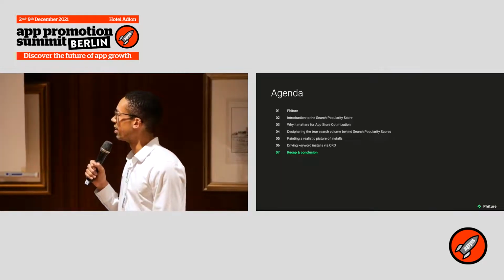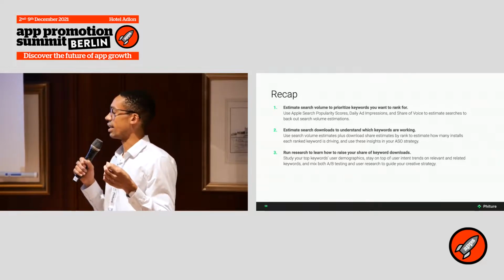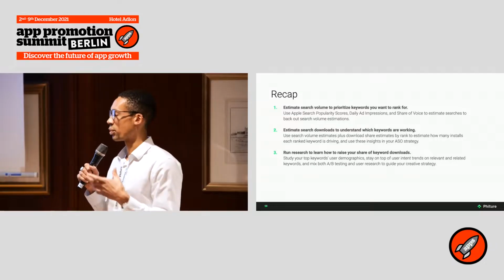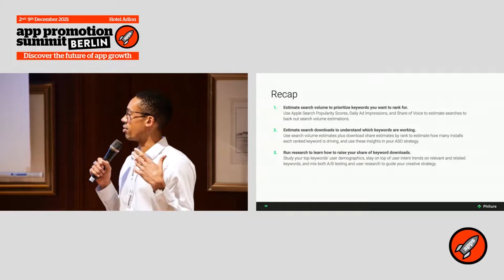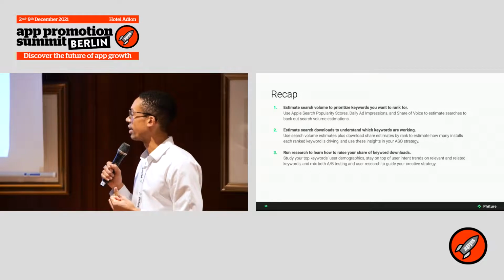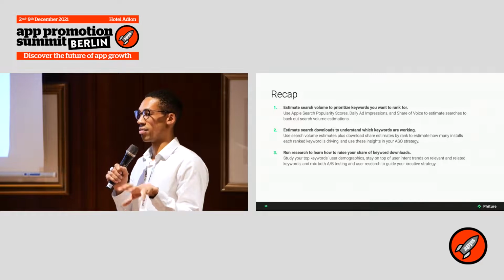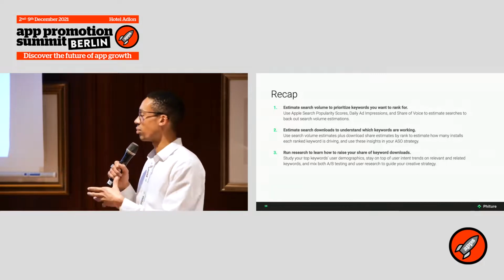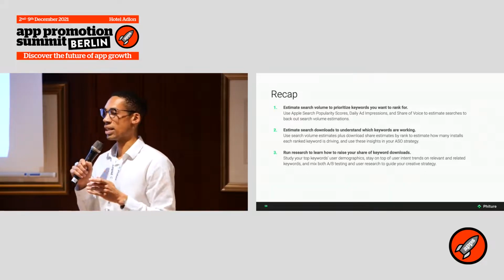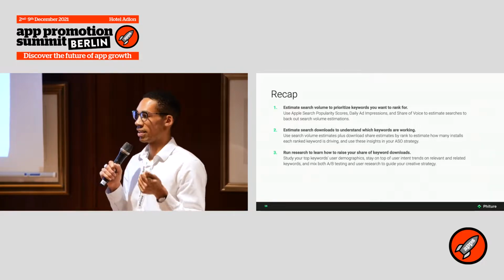And wrapping it all up, again, make sure that you're estimating the impressions available for the keywords that you want to optimize for, to prioritize what you're going after, and then from that, estimate the number of downloads that you're driving using the methodology that we presented today, and then make sure that you're not disrupting keywords that have good share of downloads, and that you're really testing after each optimization you make, have we actually moved the number of downloads that we're getting up?